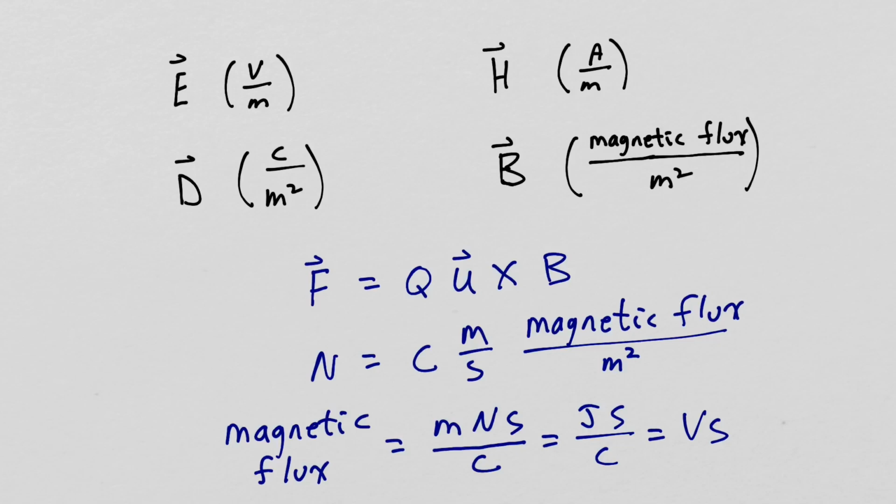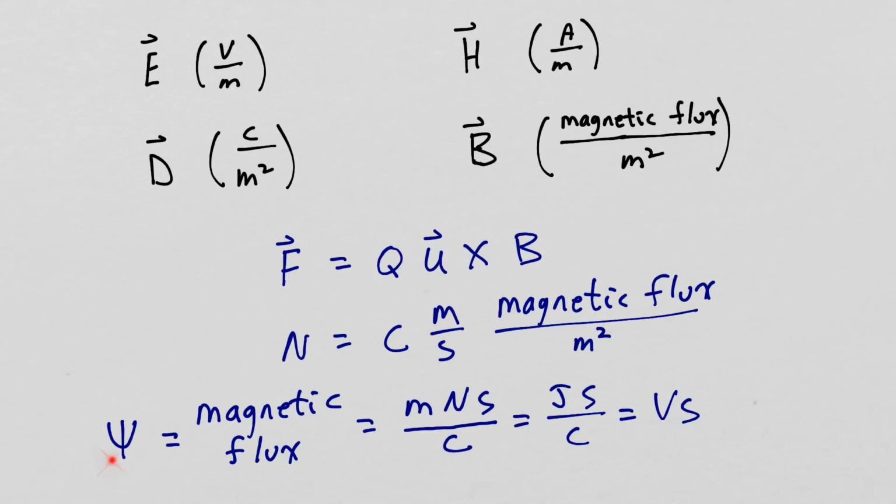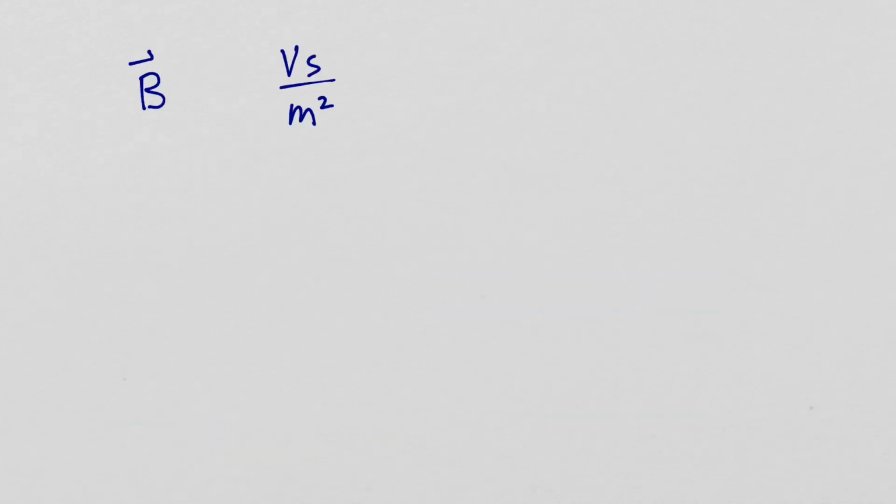I will use the symbol psi to represent magnetic flux, but you will often see the symbol phi used to represent magnetic flux. Since volt-seconds is the unit of magnetic flux, volt-seconds per meter squared are the units of magnetic flux density field.